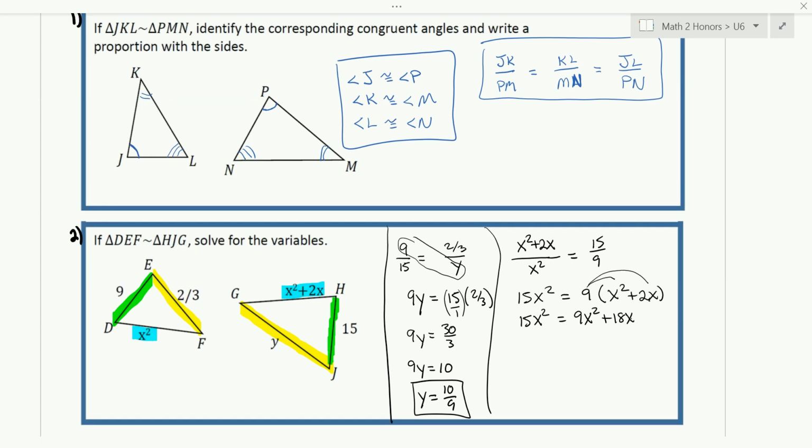But before we factor, we need to make sure it's equal to 0. Okay. So I'm going to move everything on the right to the left side. So subtract 9x squared and subtract 18x from both sides. And we end up with 15x squared minus 9x squared is 6x squared minus 18x equals 0.